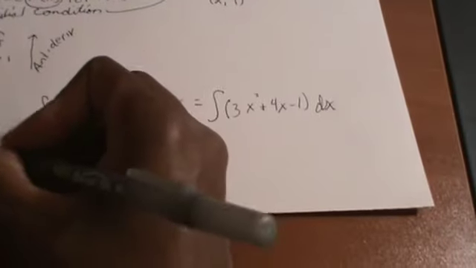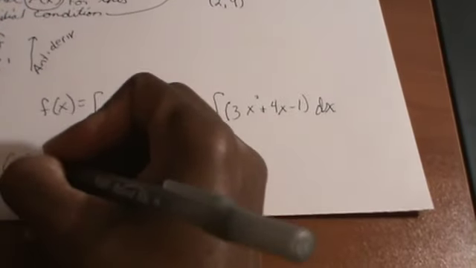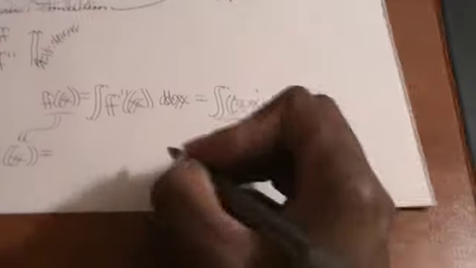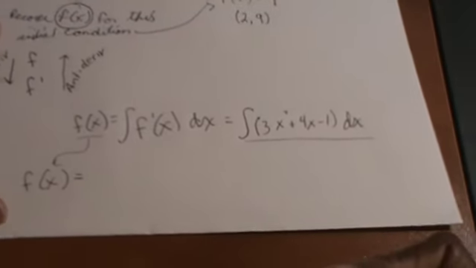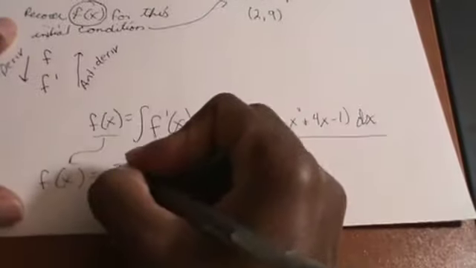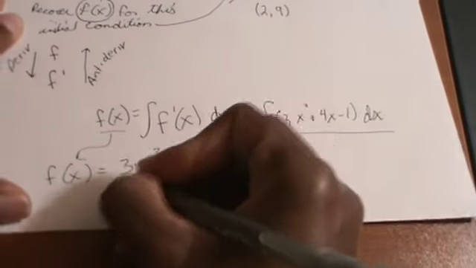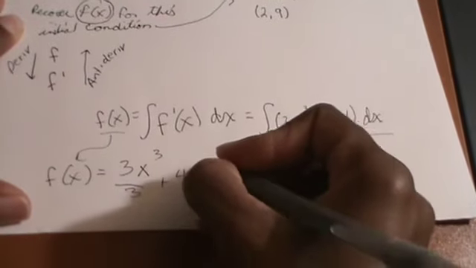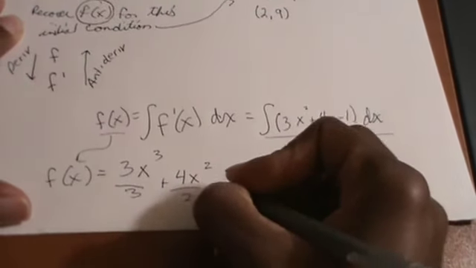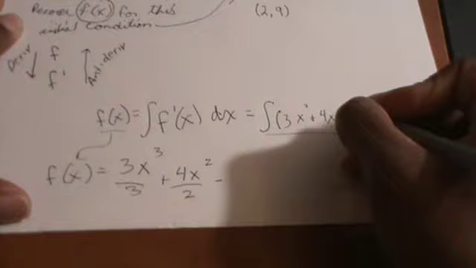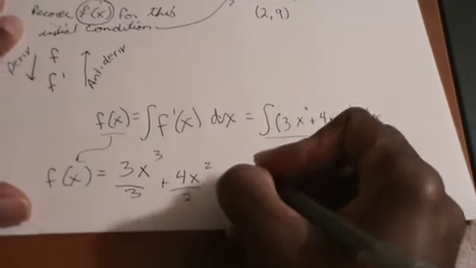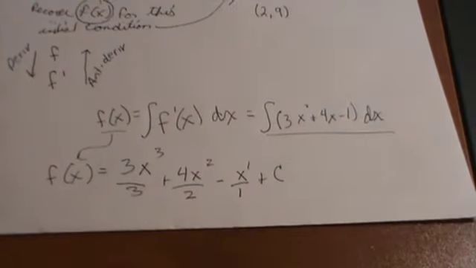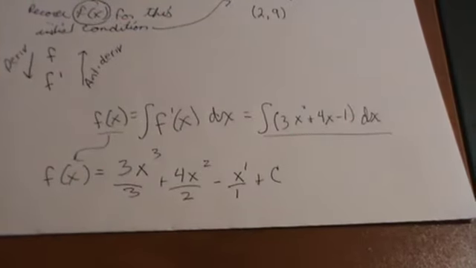Okay, so then f of x equals, notice all I've done is just that. Now I'm going to get into this. 3x cubed over 3 plus 4x squared over 2 minus, there's an x to the 0th right here, so x to the first over 1, plus C. So this is our general f of x function.